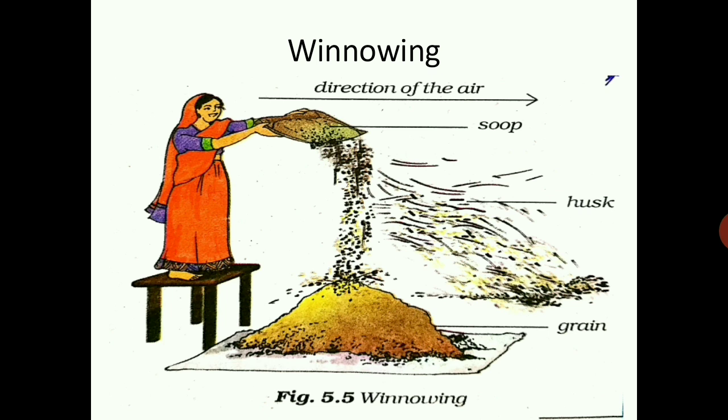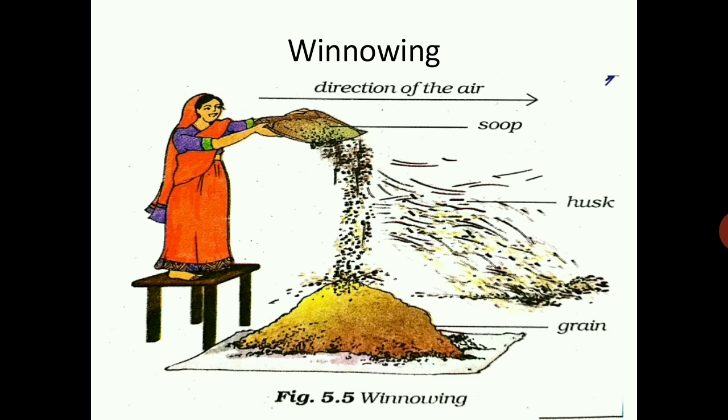Now, take your mixture to an open ground and stand on a raised platform. Put the mixture in a plate or sheet of paper. Hold the plate or sheet of paper containing the mixture at your shoulder height. Tilt it slightly so that the mixture slides out slowly.